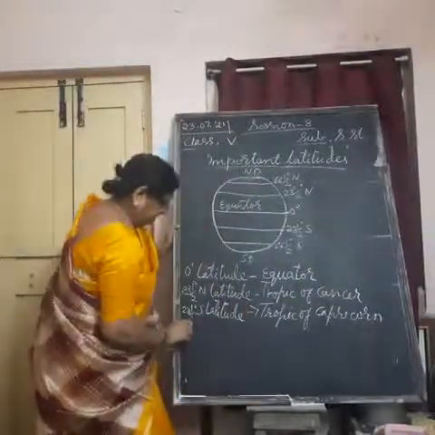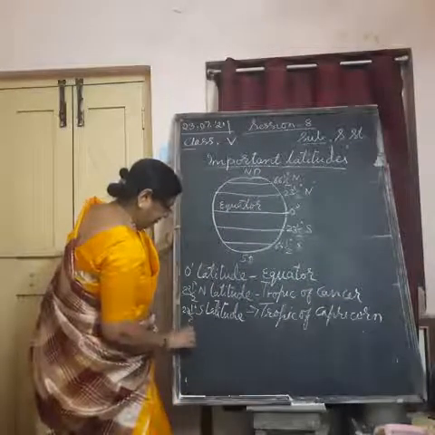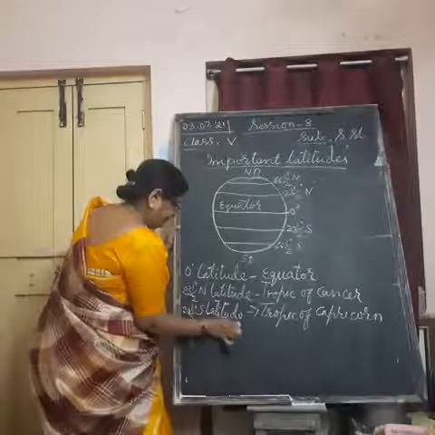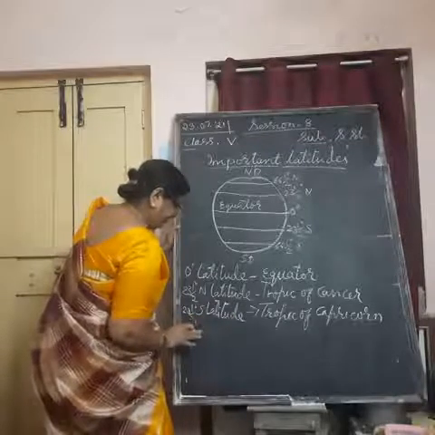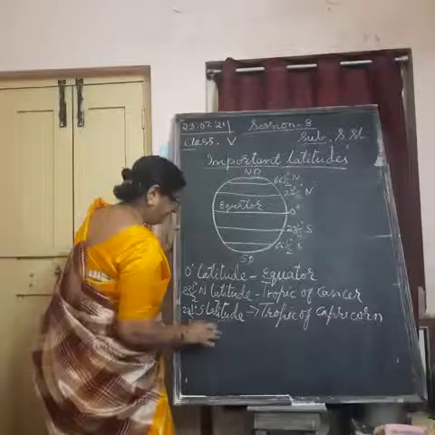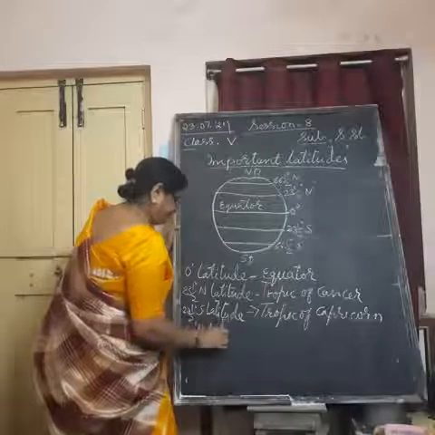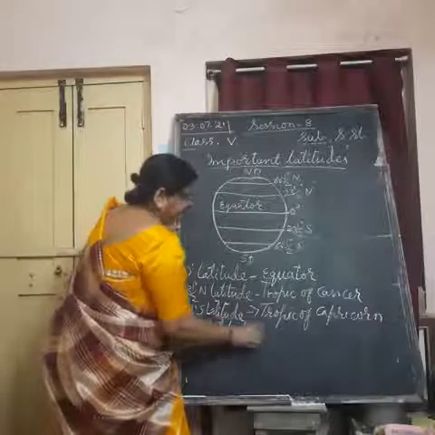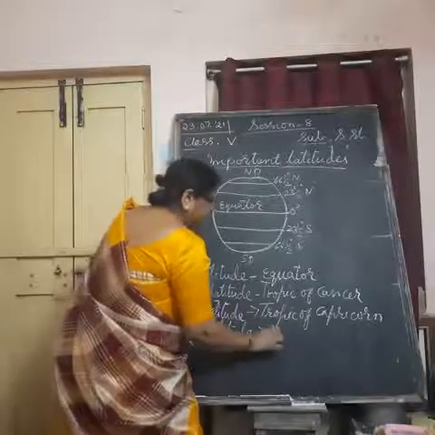Now 66.5 degrees north latitude is called the Arctic Circle.